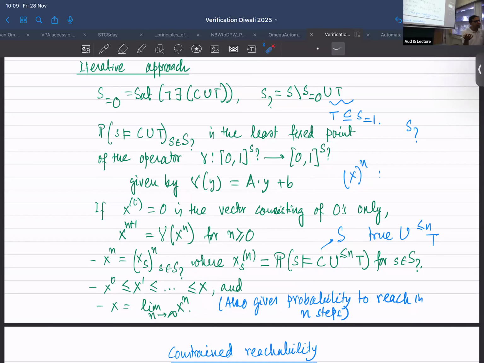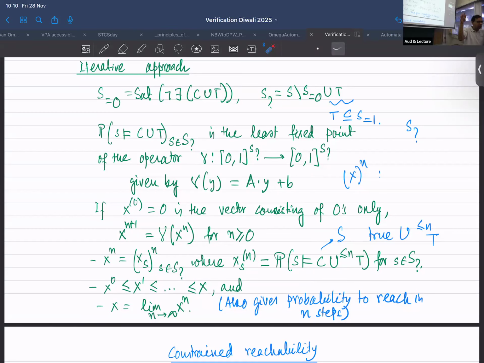When I have x3, then I have the x2, which was with 1 and 2 steps, right? And then I'm multiplying with the A again. So that gives me in 2 steps and 3 steps, but I'm adding the b again. So that gives me in 1, 2, 3 steps, at most 3 steps. Now x4 had already 1, 2, 3, and you multiply the A, you get in 2, 3, 4 steps.